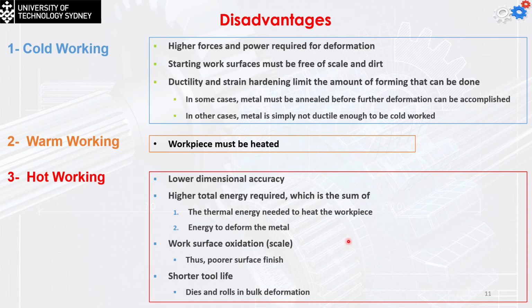Also, we again have work surface oxidation, which is going to cause scales, and some of the material will simply break up, and thus we're going to have poorer surface finishing. Also, shorter tool life, because the dies and the rolls in bulk deformation are going to be exposed to very high temperature, and this will reduce their life and their quality.